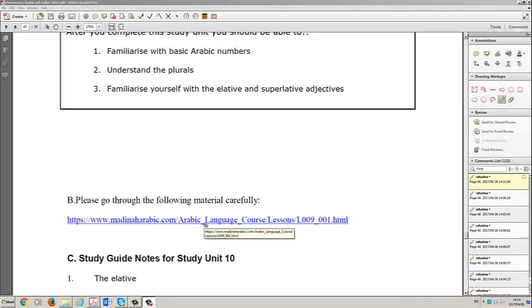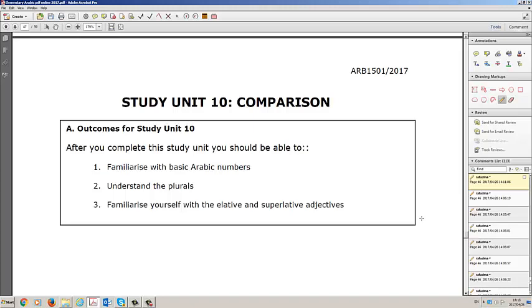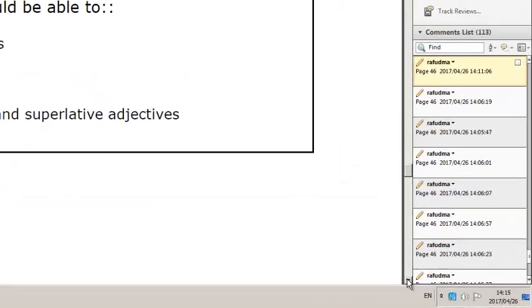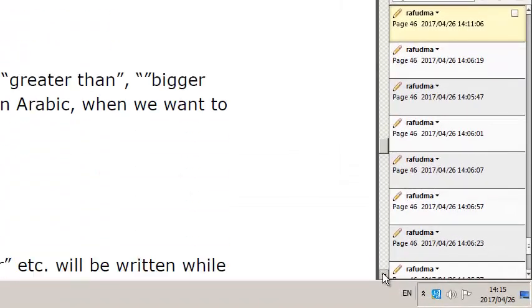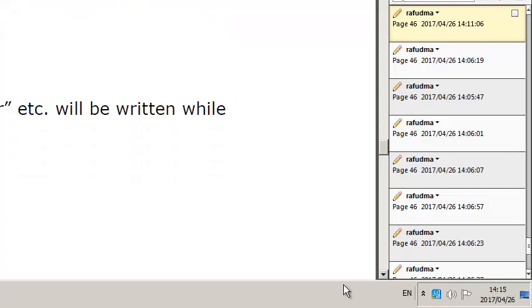Okay, students, in this relatively short lesson, we'll be doing what is called the comparative and the superlative. This is study unit 10. The comparative, we call it here the elative.